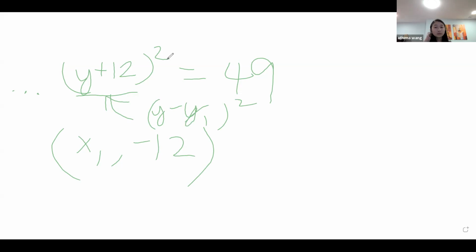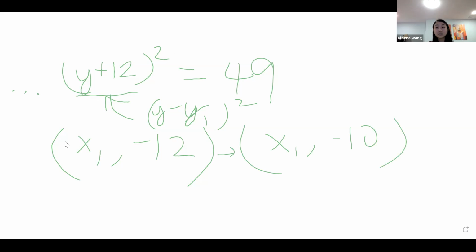And since we want to shift this circle up by 2, that means we're shifting all the points on the circle or inside the circle up by 2. So that means our center should be at x1 comma negative 12 plus 2, which is negative 10. So we're basically shifting it like that.